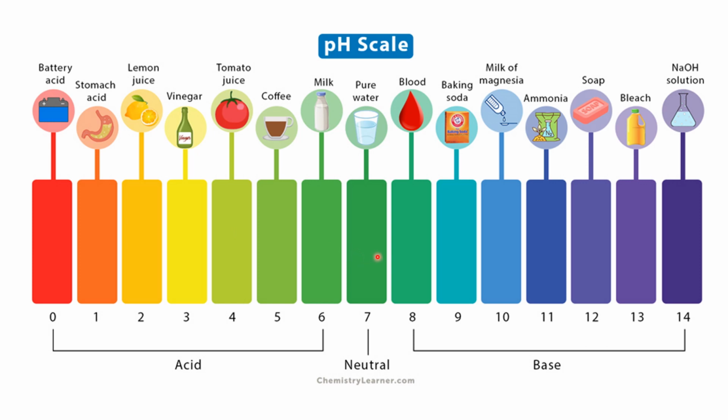And if we go the opposite direction, we are going more basic. This is the most basic. Okay, so these are examples of acidic materials under approximate pH in the pH scale.